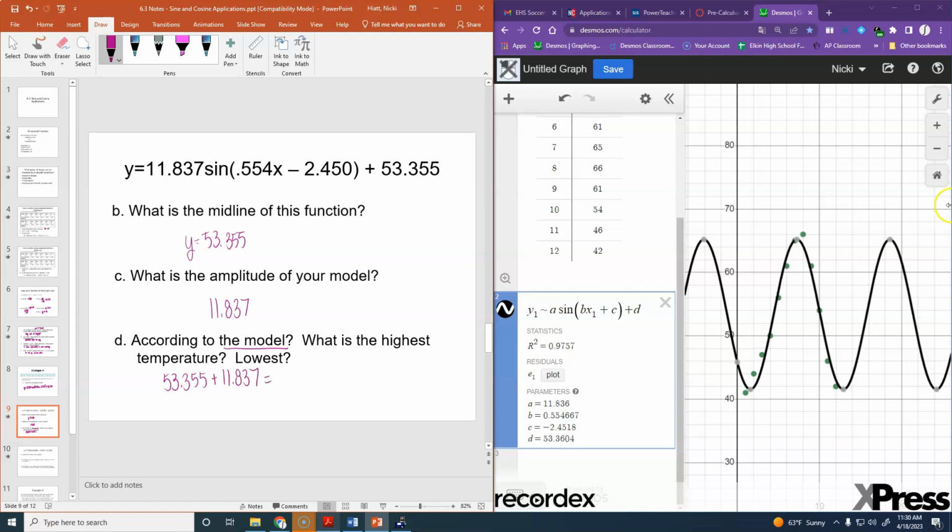It will give me 65.196. That's our highest. And then if I subtract 53.355 minus 11.837, that will give me 41.524, which would be my lowest.